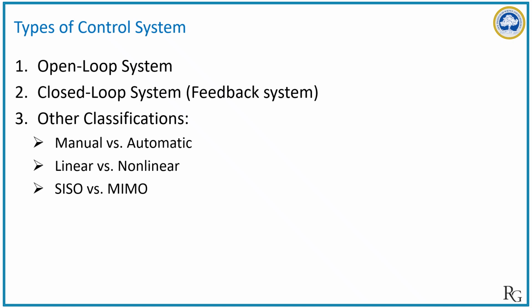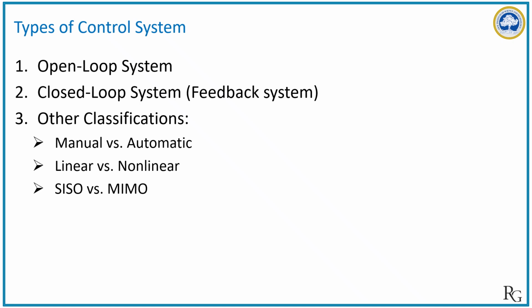So further, if we classify the control systems in other domains, the control system can be a manual or automatic control system. The manual control system involves a human operator or human intervention while making a decision based on the observation.